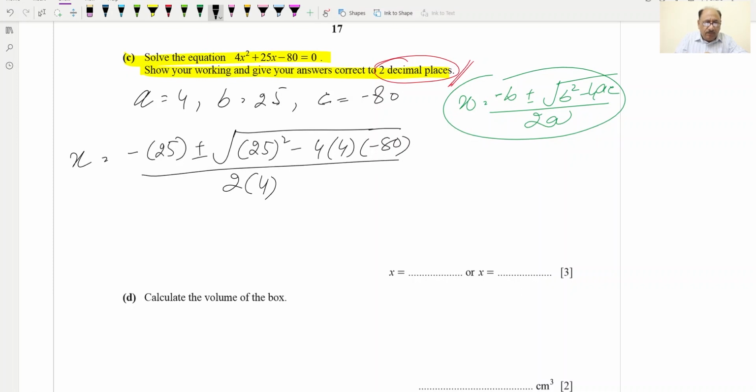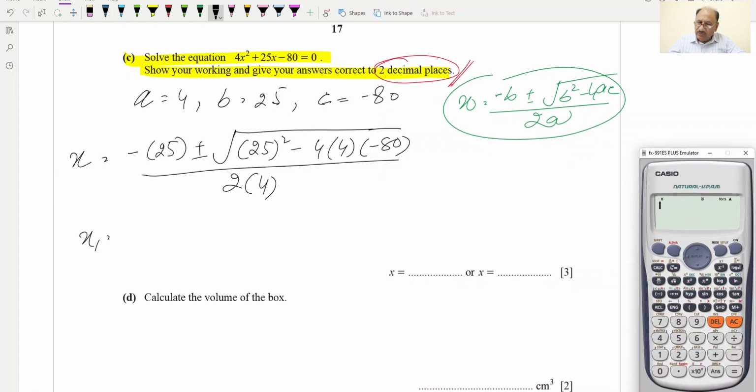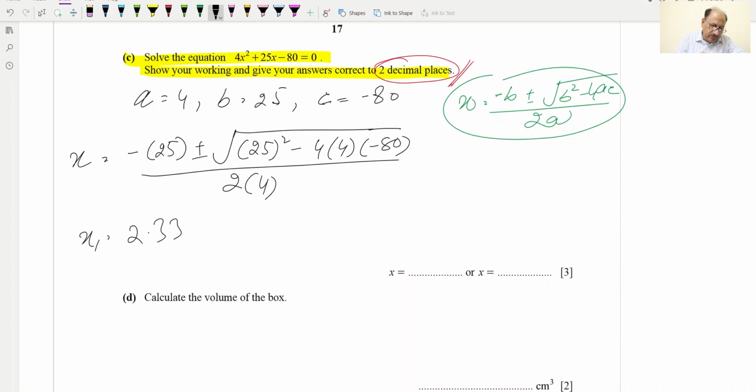So we can write the x1 value, that will be with the positive sign. We can take x, and this will be minus 25, and plus I'm taking, next time I'll take the negative one, so it will be square root of 25 squared minus 4 into 4 into minus 80, bracket close, and divided by 8, and this gives us 2.33.